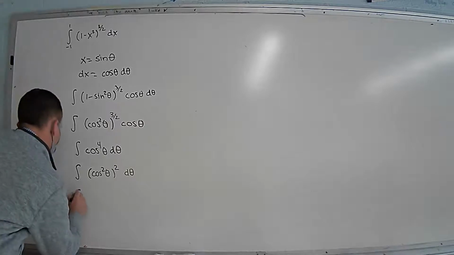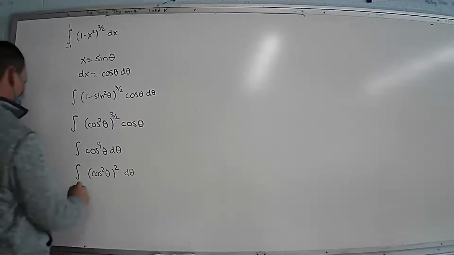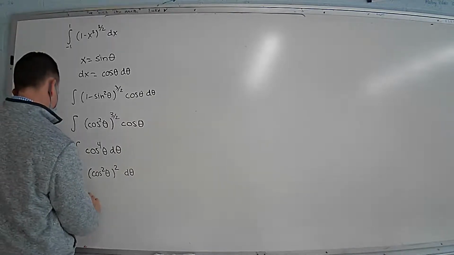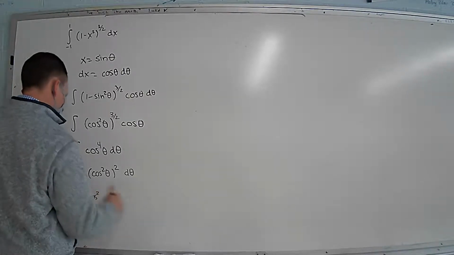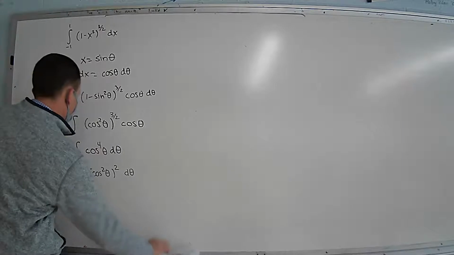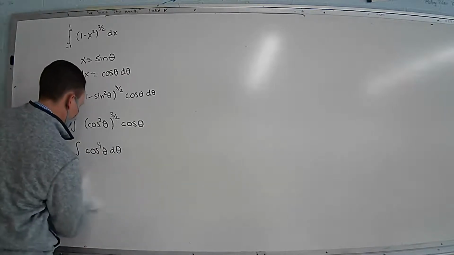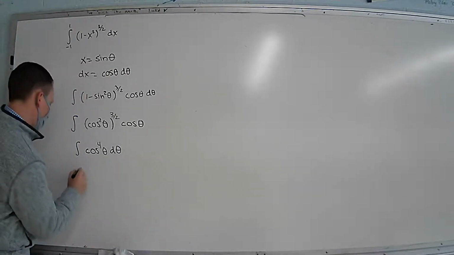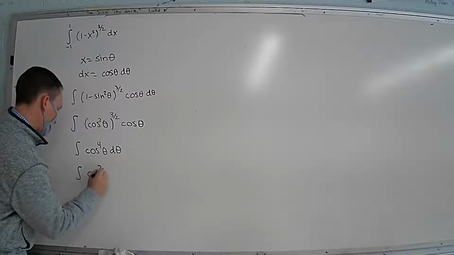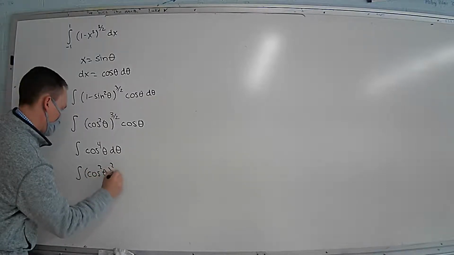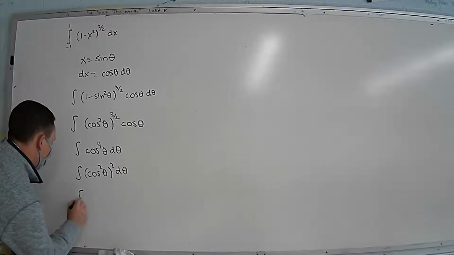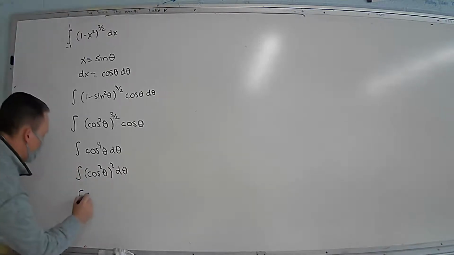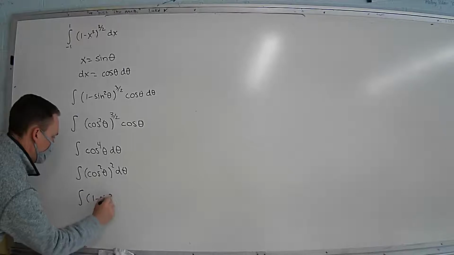Sorry, let's do it this way. I just changed my mind. Cosine squared squared. Yeah? And isn't cosine squared the same thing as 1 minus sine squared?